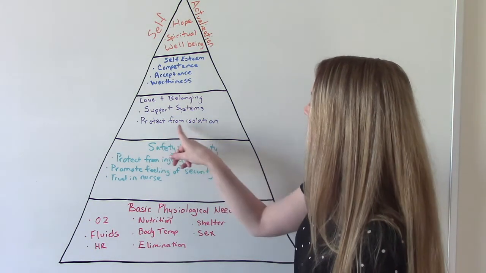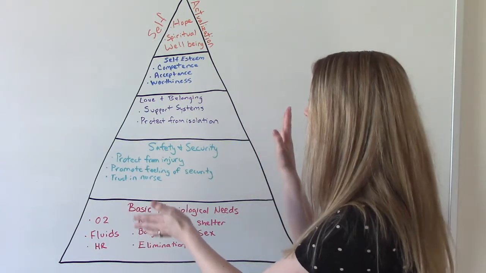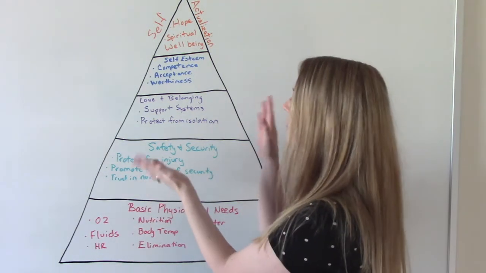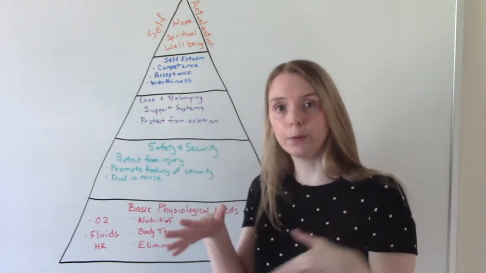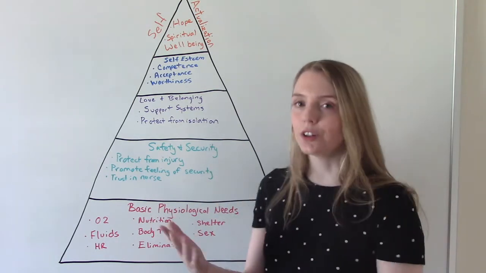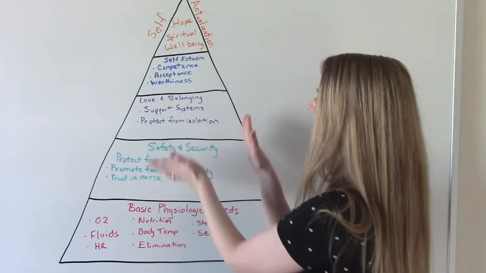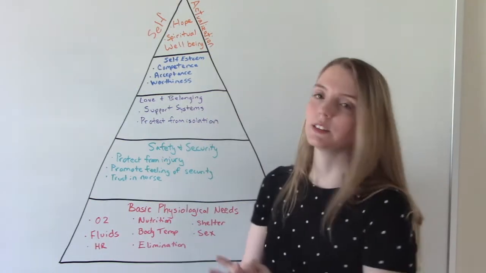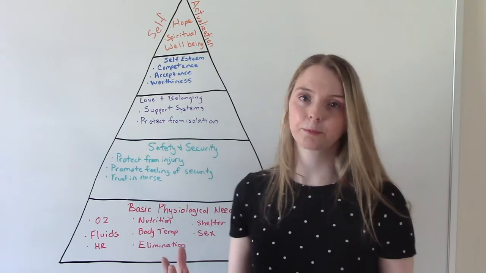And then protecting them from isolation. This could be literal isolation. Maybe they have a communicable disease that's like airborne or something like that, and they're not allowed to be around other people. They're literally isolated. Or, it could just be like social isolation, a mental kind of thing. So protecting them from isolation and making sure they have support systems. They're a part of a group, making sure they can be a part of a group.